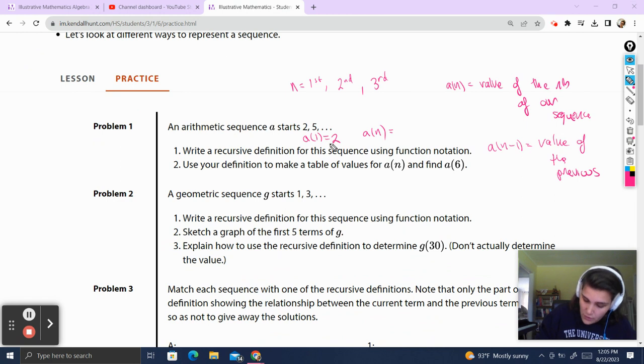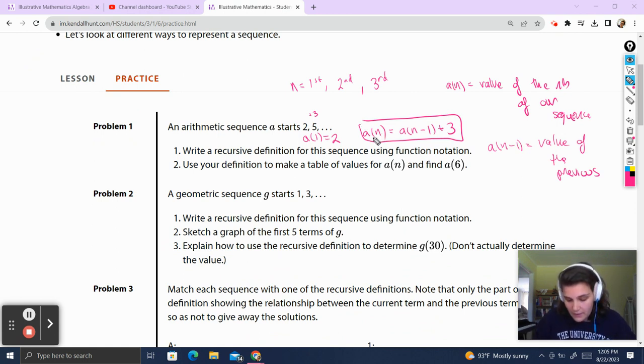Well, if I start with 2, I can see that I added 3. It's just going to be the value of the previous number plus 3. And we're done. So if we want any term in our sequence, it's the value of our previous number plus 3. And we always will have a previous number as long as we start with the first one, because we just keep adding 3, adding 3, adding 3.